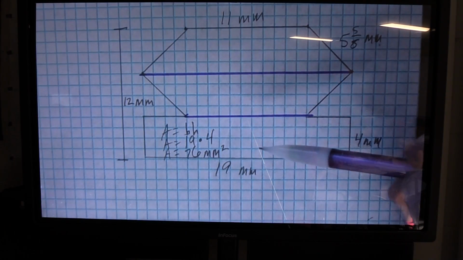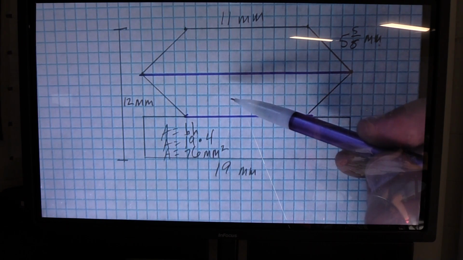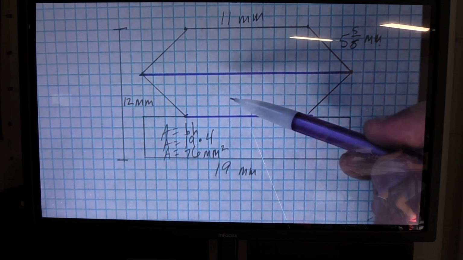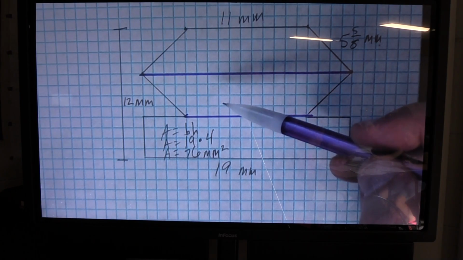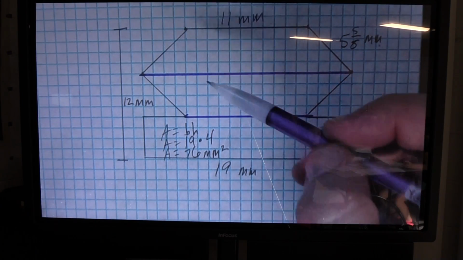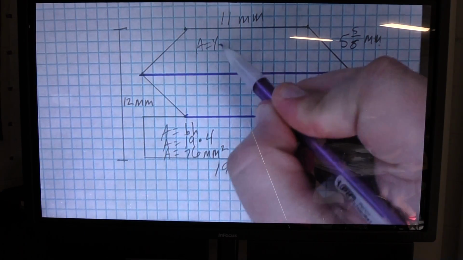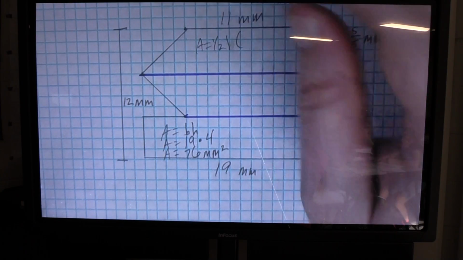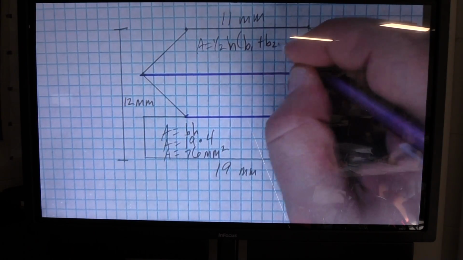Now all I have to do is figure out the area of just one trapezoid and multiply it by 2. I could do that. There's another trick I could do, but I'm just going to do it this way. Now the formula for finding the area of the trapezoid is area equals 1/2 height times base 1 plus base 2.